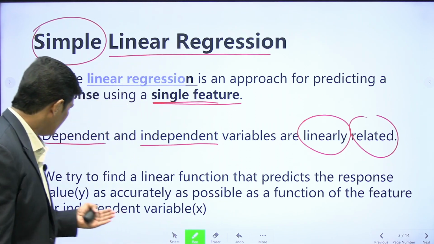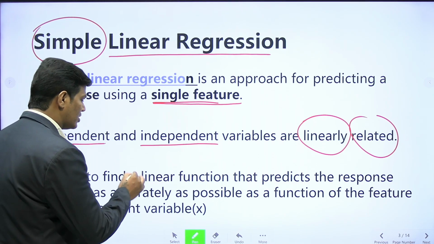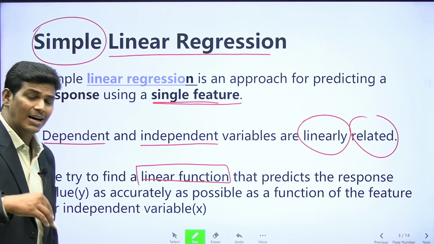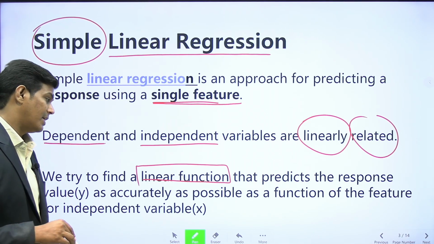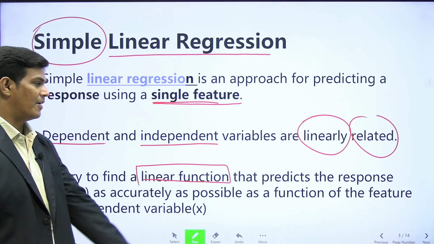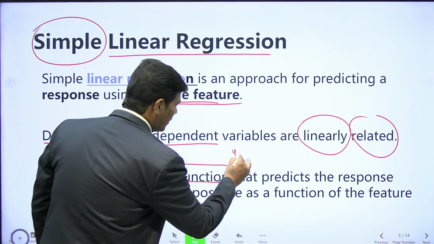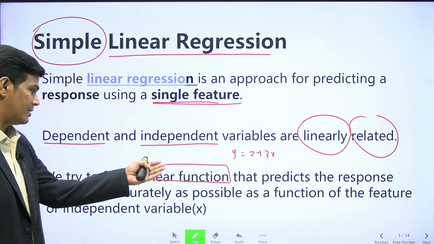Here we try to find a linear function. A linear function is one in which the highest power of the variables must be 1. If I say y is equal to 2 plus 3x, can we say that this is a linear function?